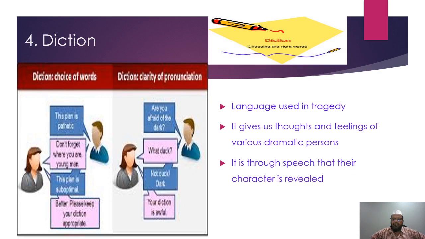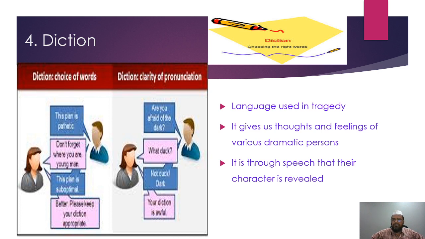The fourth constituent part is diction. Diction means language. Language used in tragedy is diction. So here the playwright makes a choice of words. There is a clarity of pronunciation as well. So what kind of words should be used to compose tragedy?